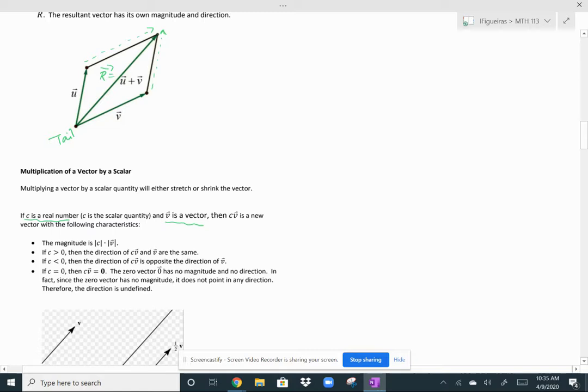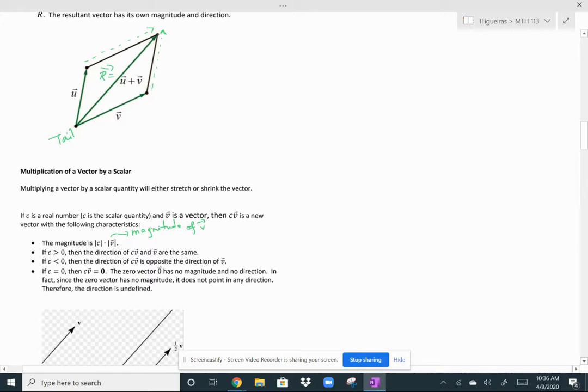So the magnitude of this new vector cv would just be the absolute value of c, because c could be negative, times the magnitude of v. Remember, this represents the magnitude of v.